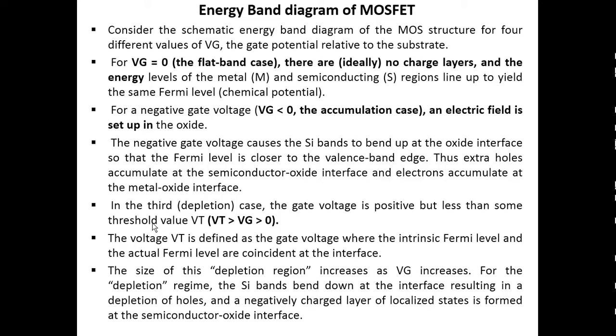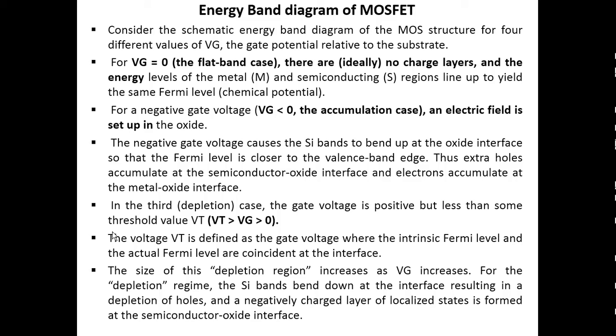That reverse biasing creates the depleted region, where the depletion causes the Si band to bend downwards at the interface, resulting in depletion of holes. The depletion of holes takes place and the region becomes localized negatively charged. So more and more negative charges are being accumulated.